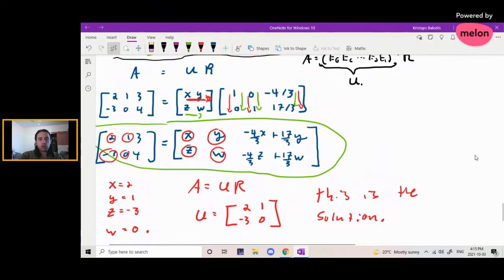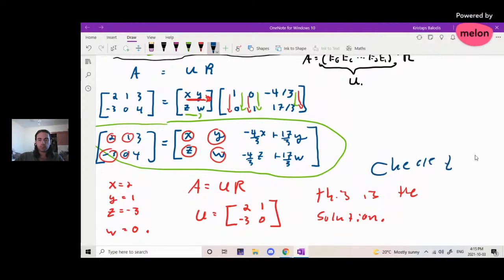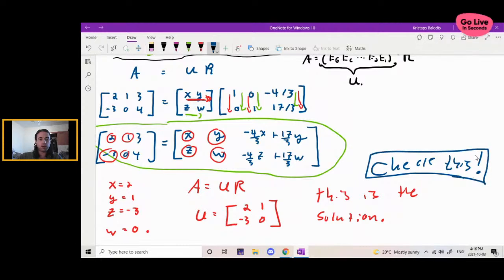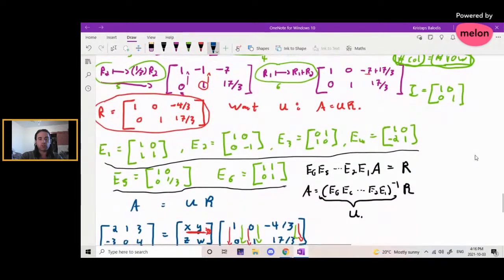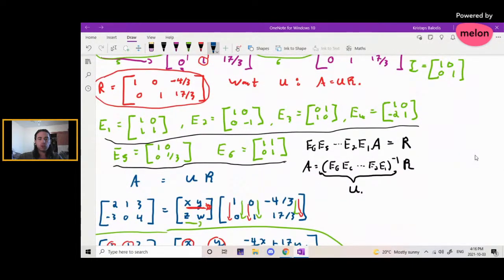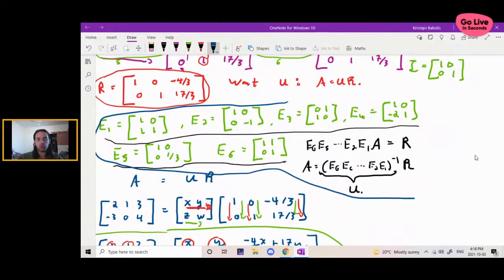Well, I guess, so homework, maybe, let's say, check this. Multiply A times this U and see that it works out. Or the other thing to check, if you're really bored and you really want to practice your 2x2 matrix multiplication, you can try this other method.